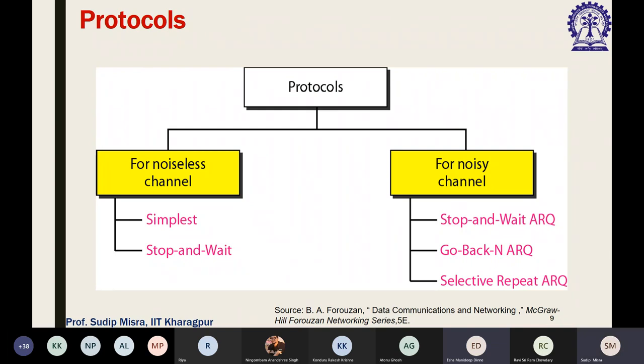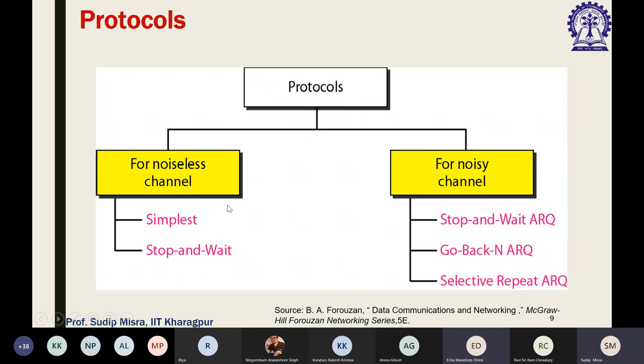So these protocols for flow control and error control, you can classify into broadly two types: flow and error control for noisy channel, and flow and error control for noiseless channel. For noisy channel, the mechanisms are stop and wait ARQ, go back N ARQ, and selective repeat ARQ.